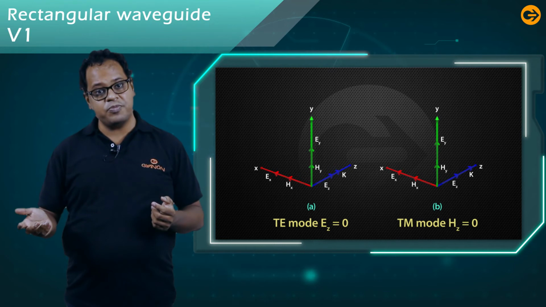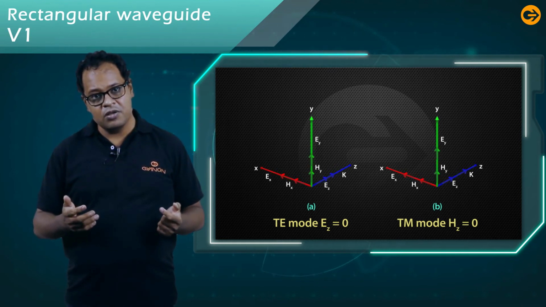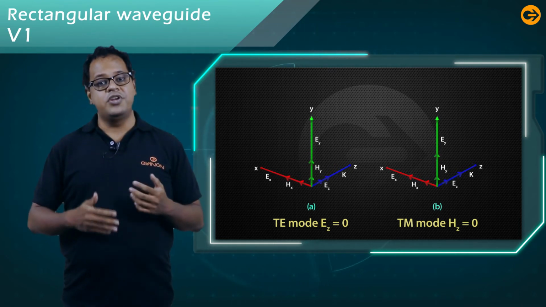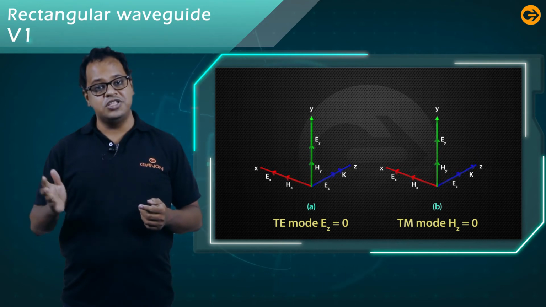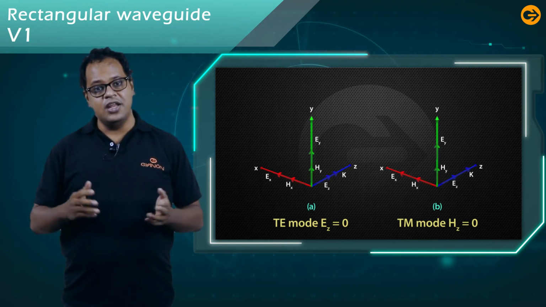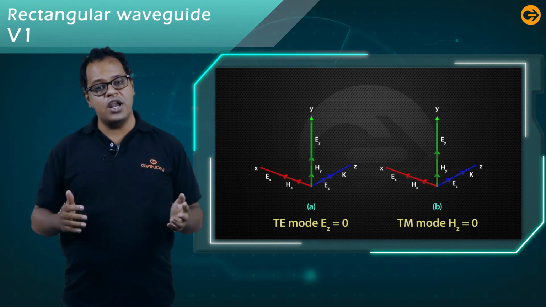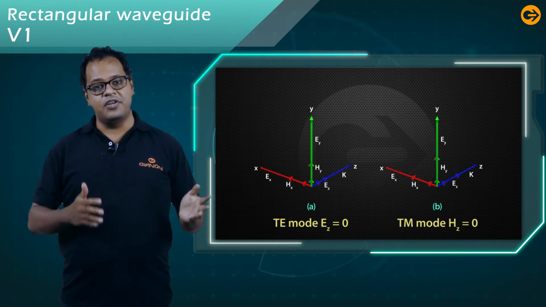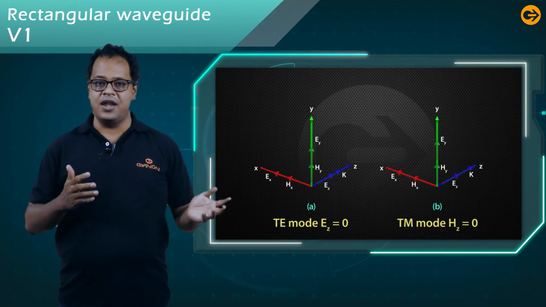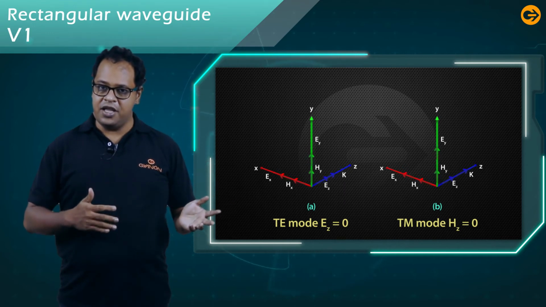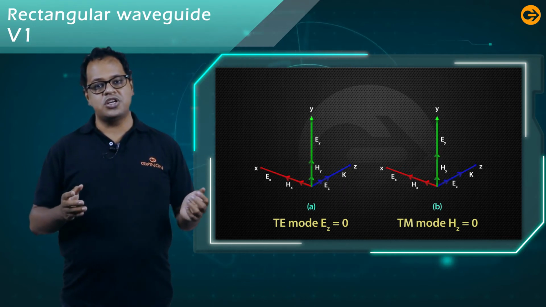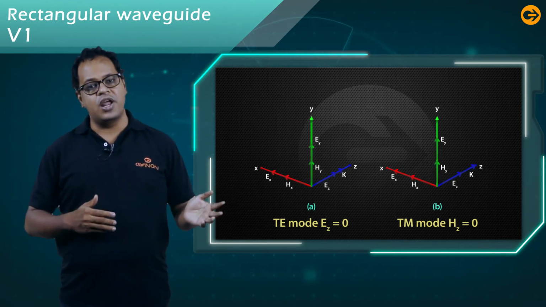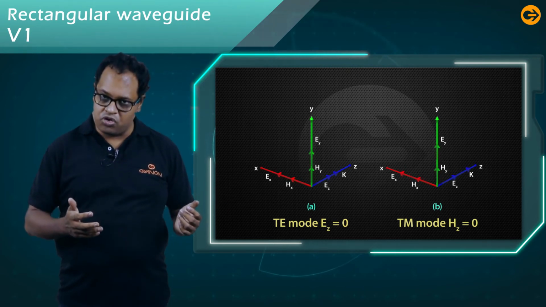What is the direction of propagation? Can you remember? Yes, the direction of propagation is along the z direction. That means in the z direction there is no electric field. So the electric field is in the x direction and in the y direction. That is, they are perpendicular to the direction of propagation. It is known as the transverse electric mode.